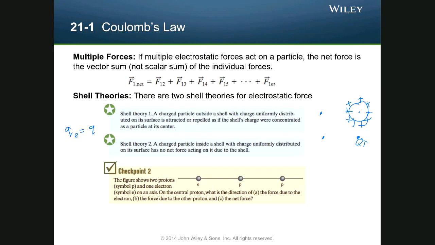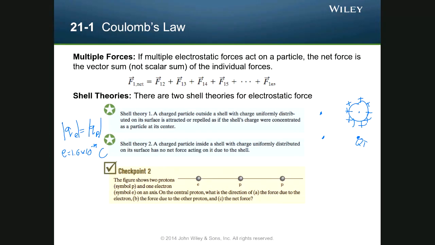Their masses are very different, but their charges are equal, or at least the magnitude of their charges are equal. And of course, this is the elementary charge, e equals 1.6 times 10 to the minus 19 coulombs. That's your elementary charge.